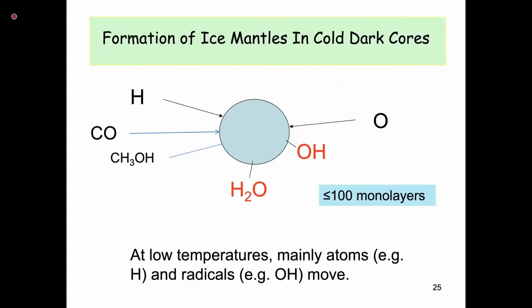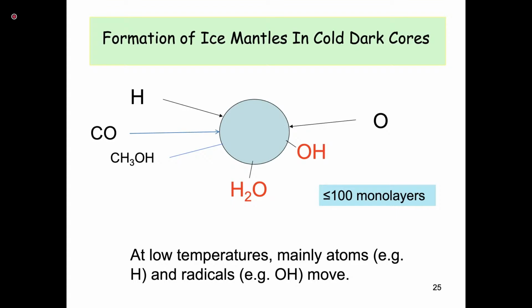Okay, so here's a simpler picture. Without showing tunneling and wells, it shows various species sticking to a grain and coming together and reacting by giving off energy. So, for example, if oxygen comes down and hydrogen comes down and then another hydrogen comes down, you can make water.